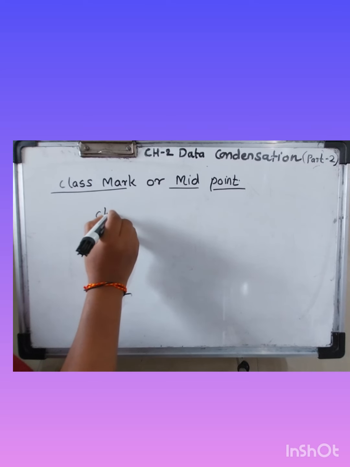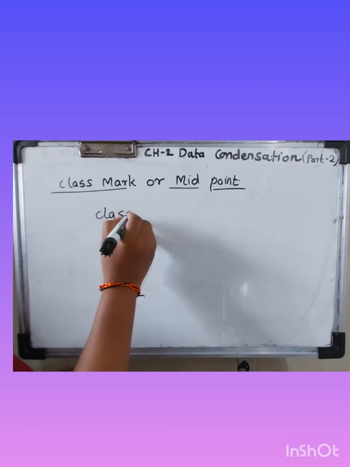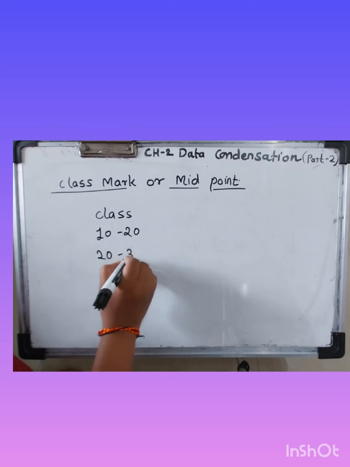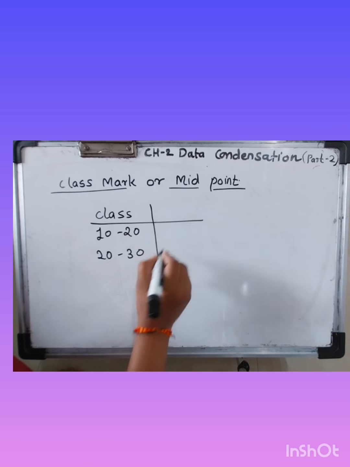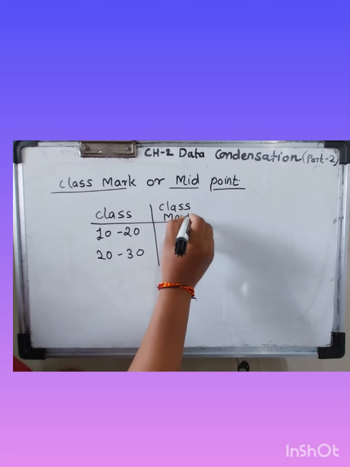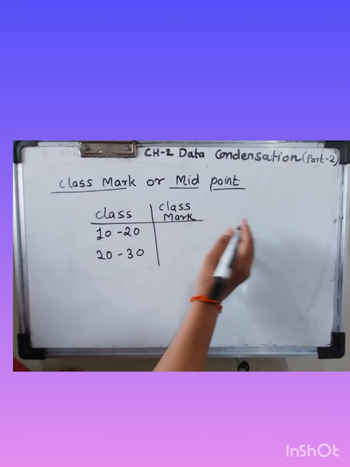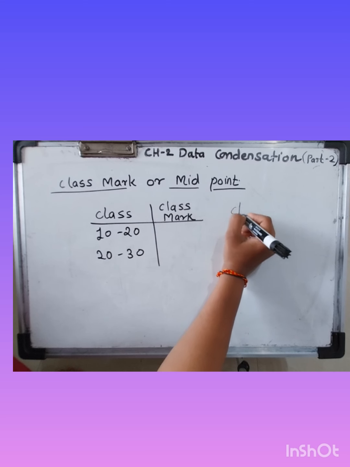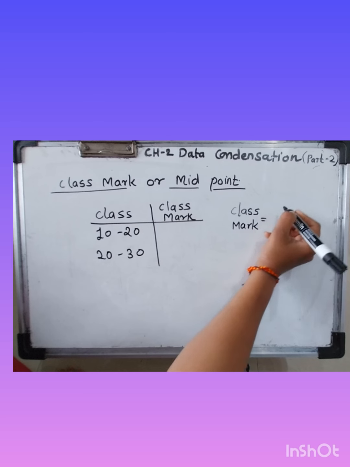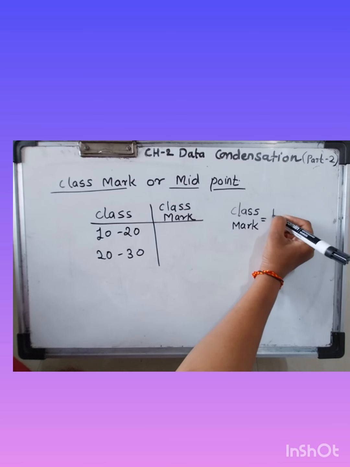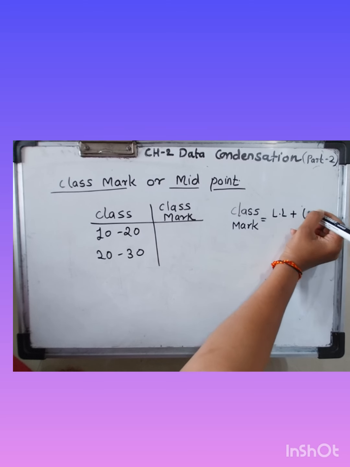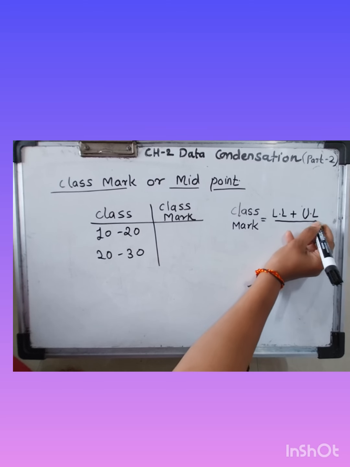Suppose my classes are 10 to 20, 20 to 30. What we have to find here? Class mark. Okay, what is the formula for class mark? Class mark is lower limit, L.L means lower limit, plus upper limit divided by 2.